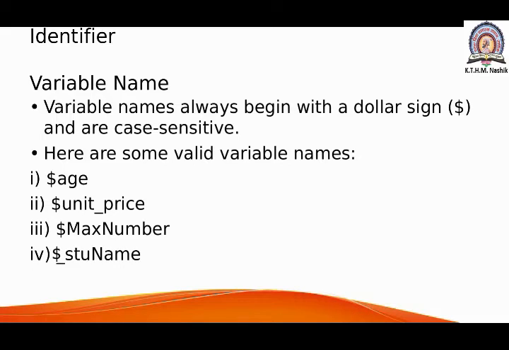Then $unit_price. Next $max_number, and the fourth one starts with the underscore character, $_stu_name. These are valid because they follow the rules for identifiers. Any identifier can start with the underscore also. Only for a variable the dollar sign must be there, and the variable name should start with the dollar sign.